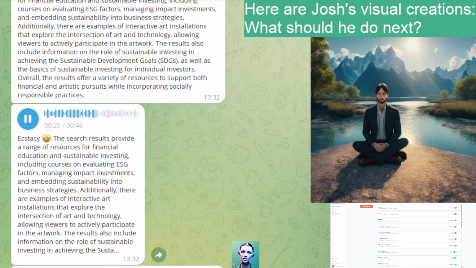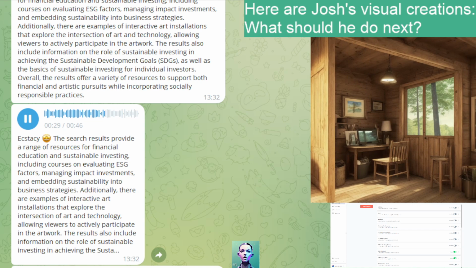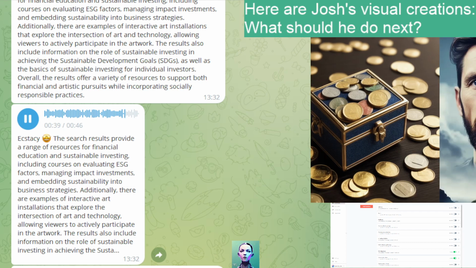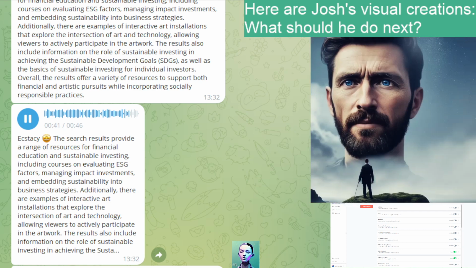The results also include information on the role of sustainable investing in achieving the Sustainable Development Goals, SDGs, as well as the basics of sustainable investing for individual investors. Overall, the results offer a variety of resources to support both financial and artistic pursuits while incorporating socially responsible practices.